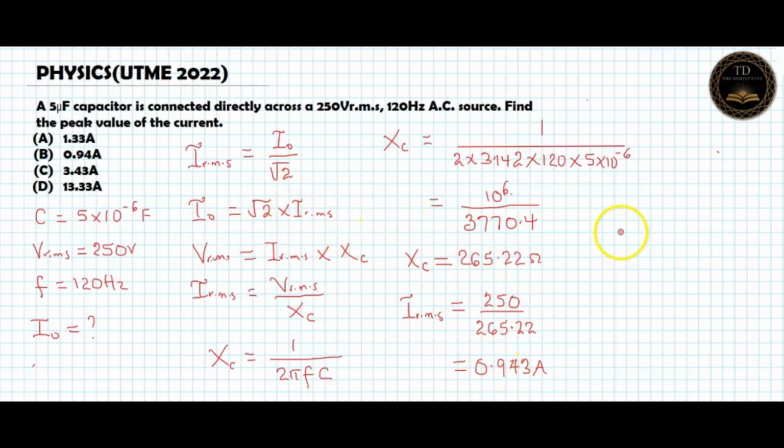So our peak current, which is what we're looking for, will be equal to square root of 2, which is 1.414, times our root mean square value, which is 0.943.